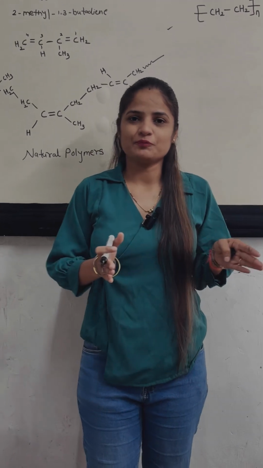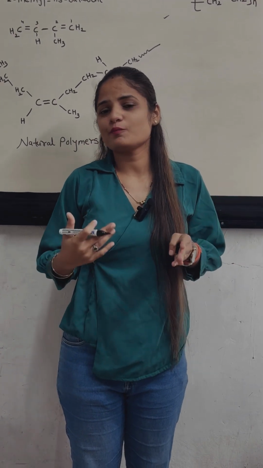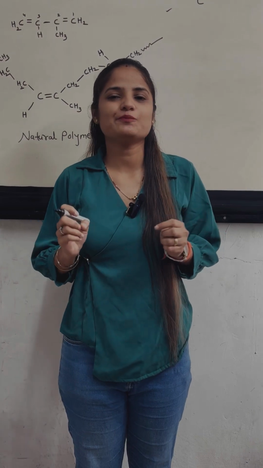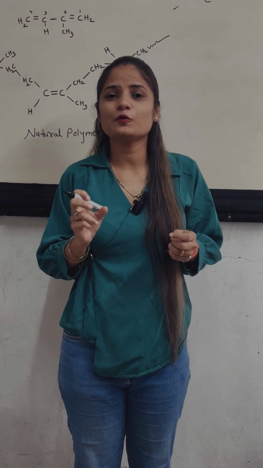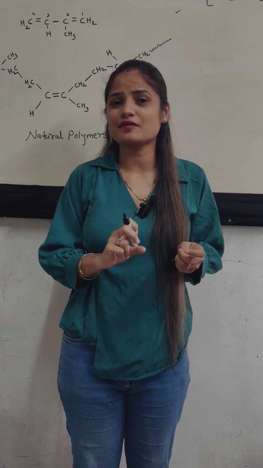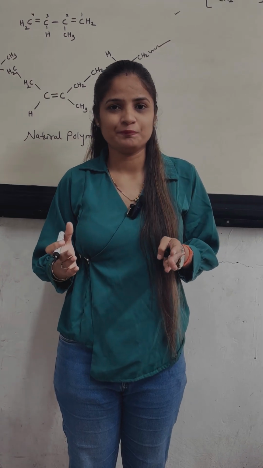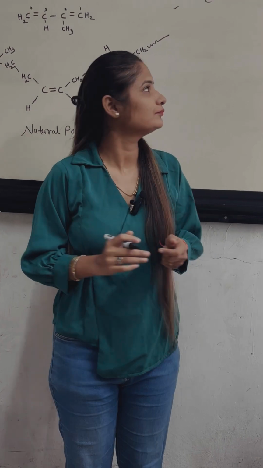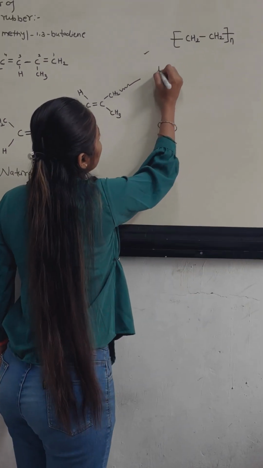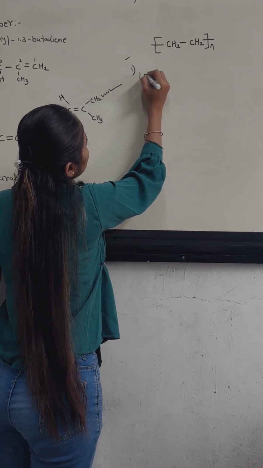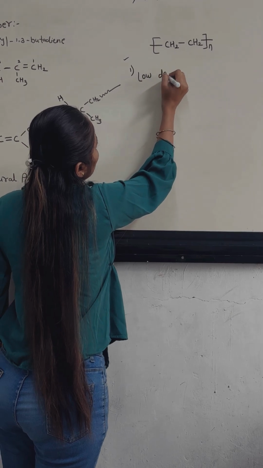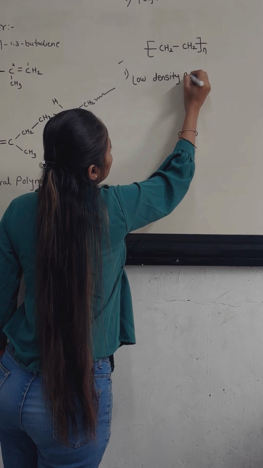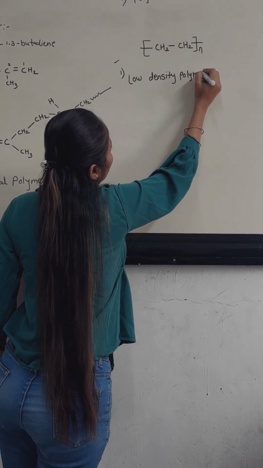So in LDP, when ethene undergoes the polymerization process at 1000 to 2000 atmospheric pressure, and we have to maintain the temperature at 350 to 570 Kelvin, right? Then we get the LDP, that is the low density polymer.